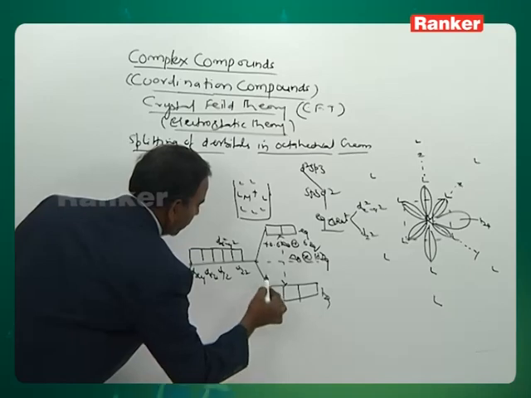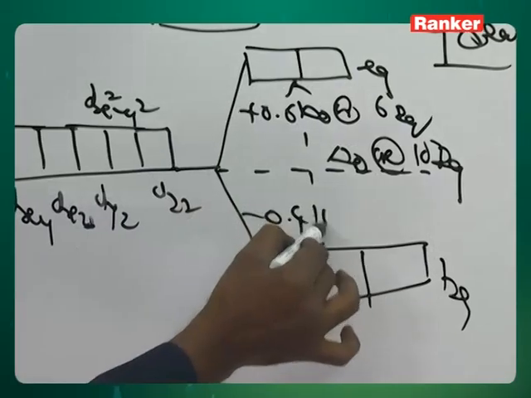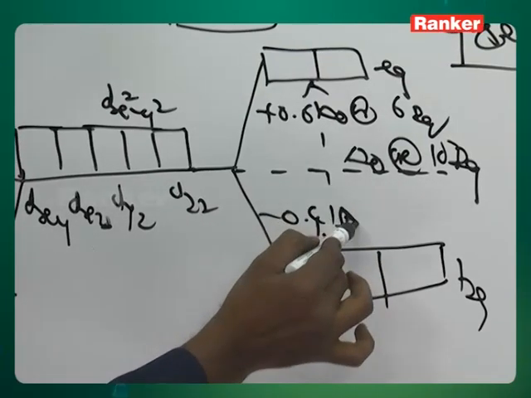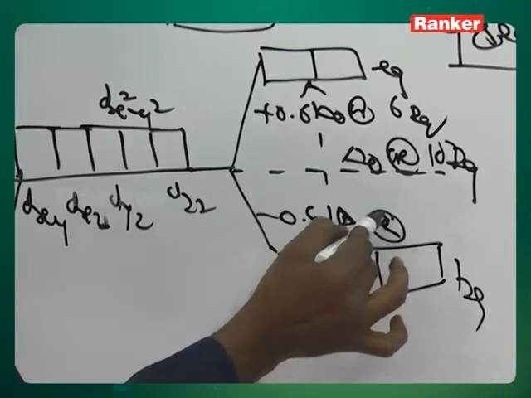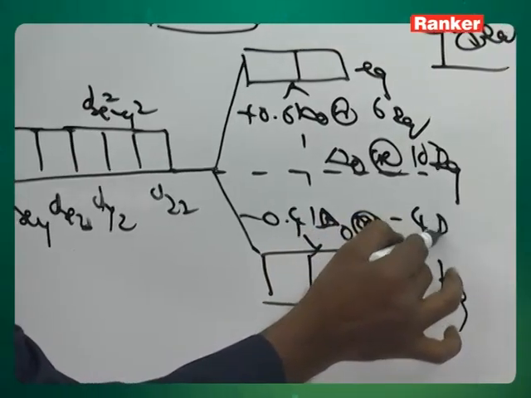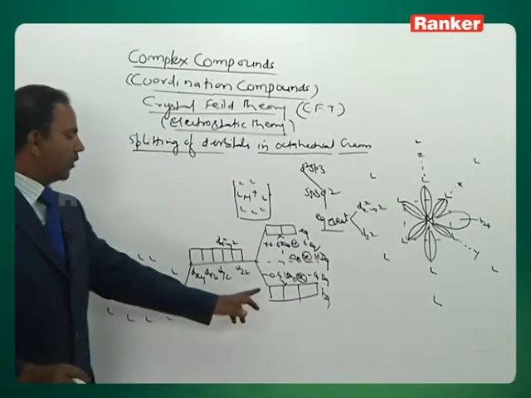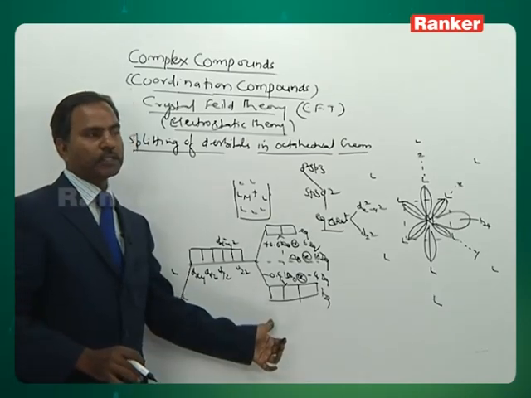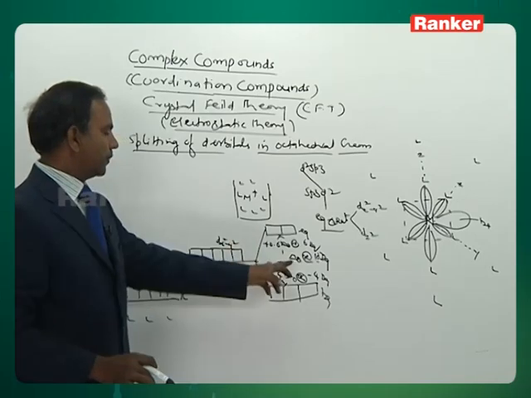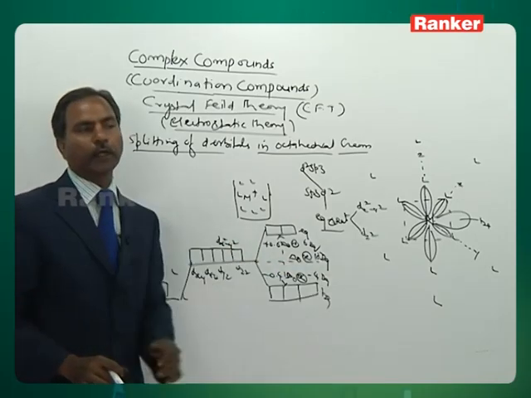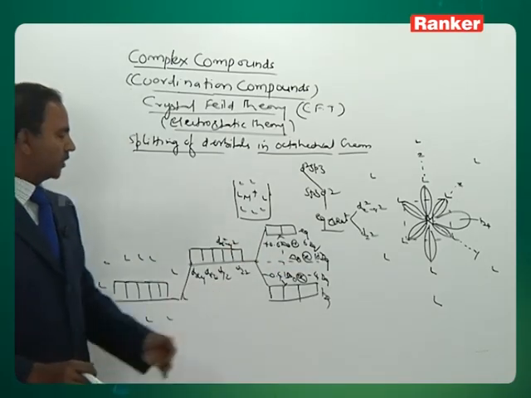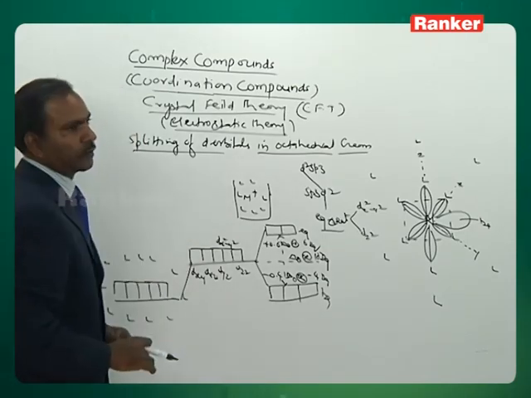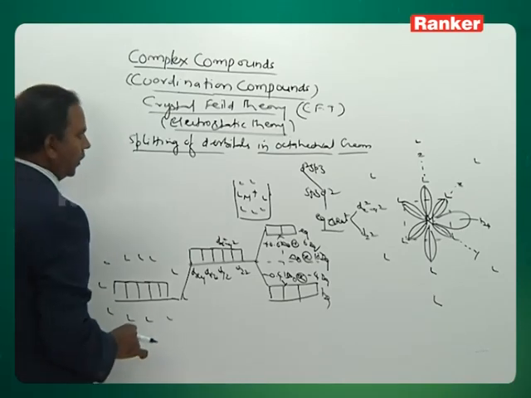Here decrease will be minus 0.4 delta O, or you can take minus 4 Dq. The total energy difference between the lower energy level and higher energy level is denoted by delta O or 10 Dq. This particular energy difference we can call the d orbital splitting energy for octahedral geometry.